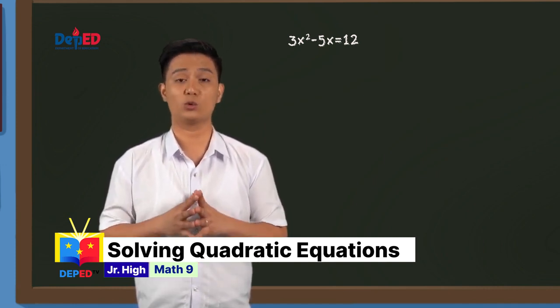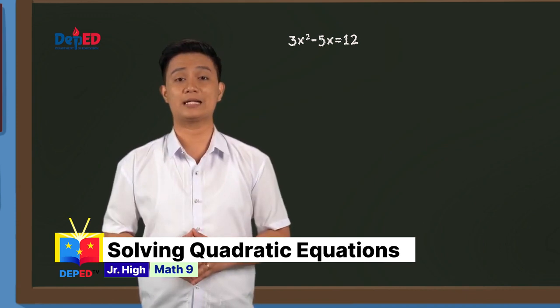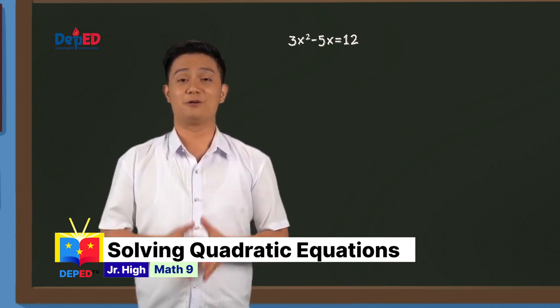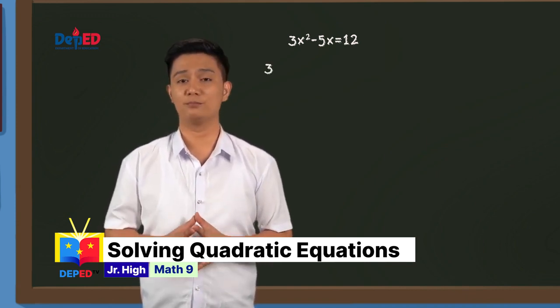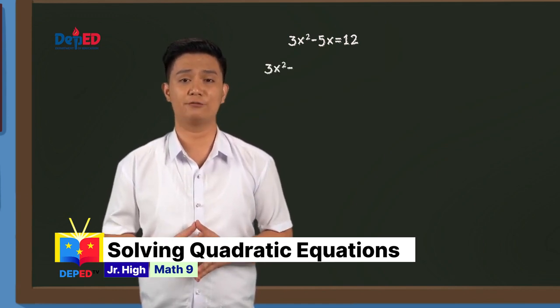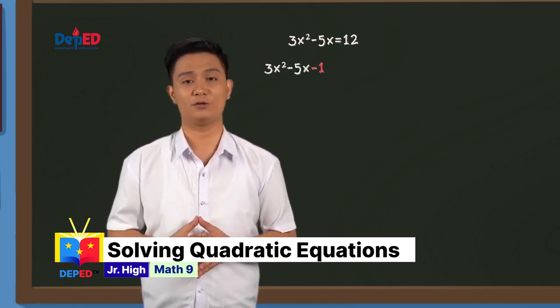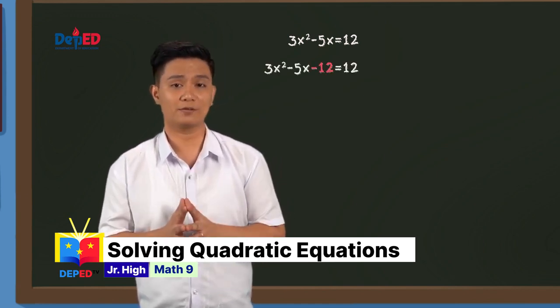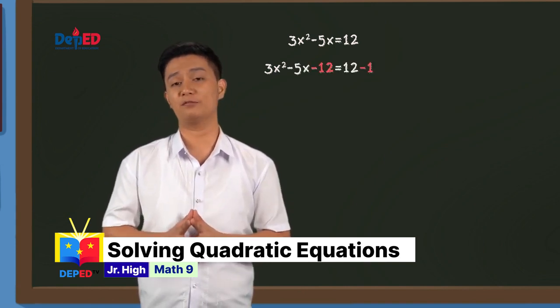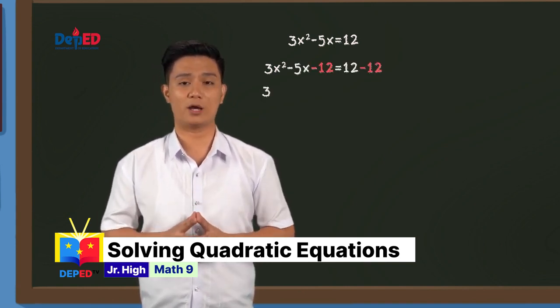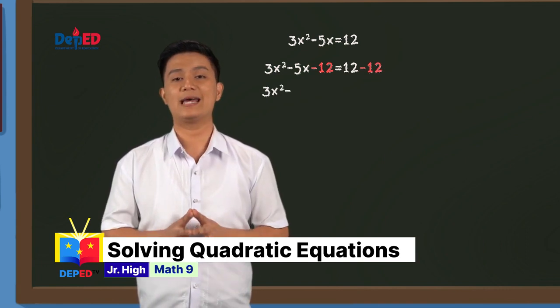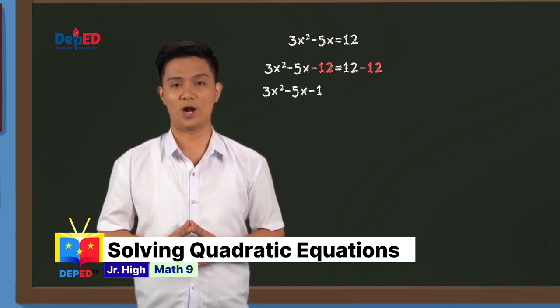All terms must be on one side, while the other side has to be 0. Alright, so let's subtract 12 from both sides to achieve the said form, the standard form if you remember. Take note that this trinomial is an example of the case where the leading coefficient's absolute value is greater than 1.